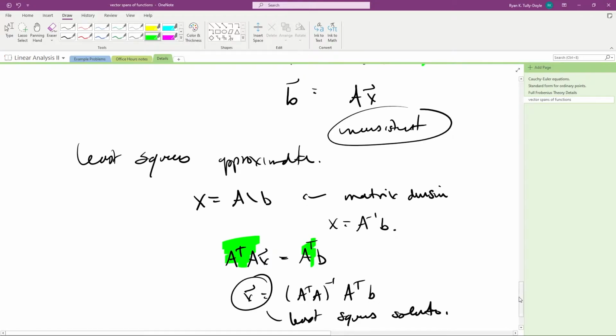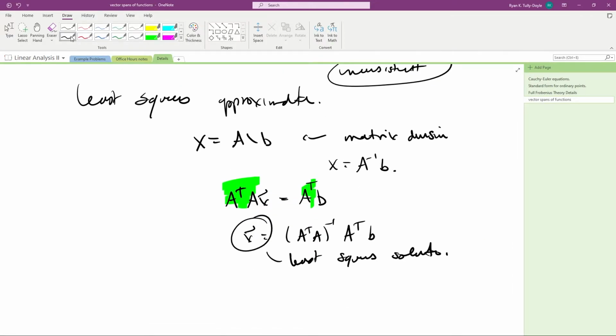Okay. So the point there is not that you're going to be computing least square solutions of finite dimensional vectors. It's to give you an idea of what projection is used for. So we're approximating our system with a solution that is actually a feasible solution.